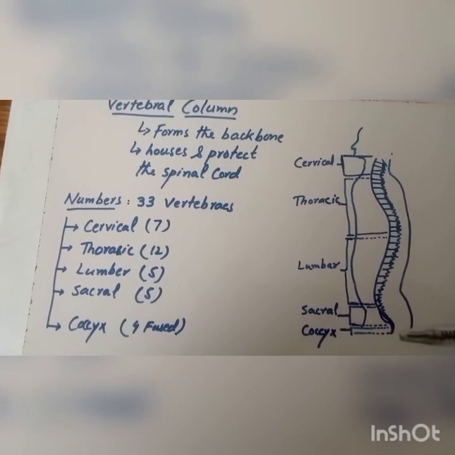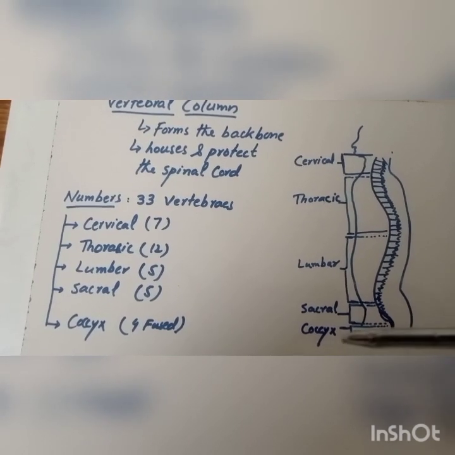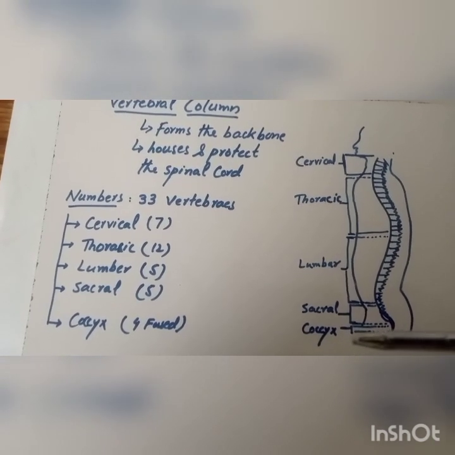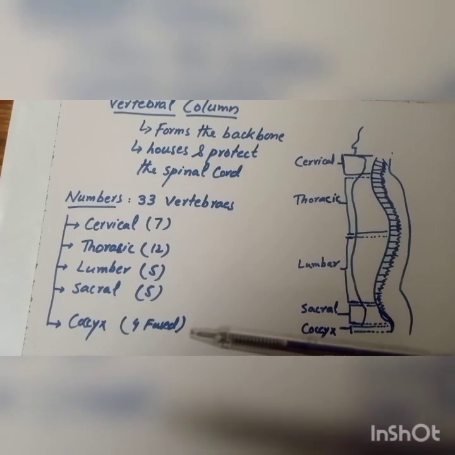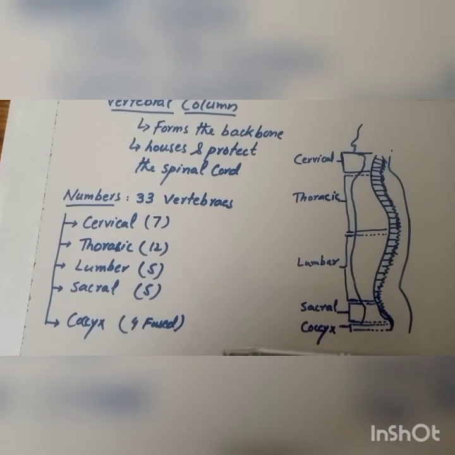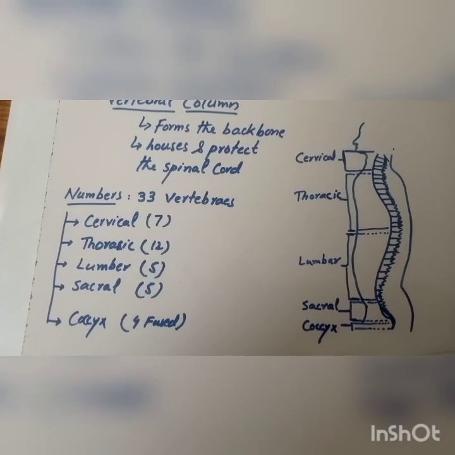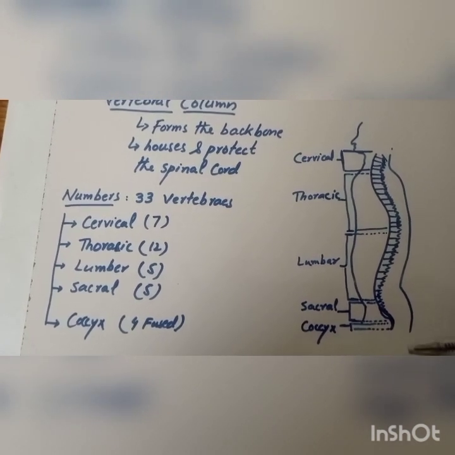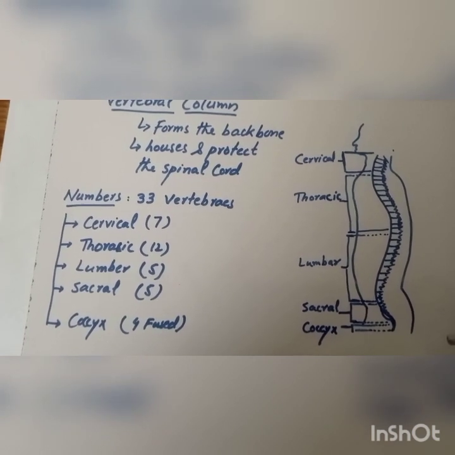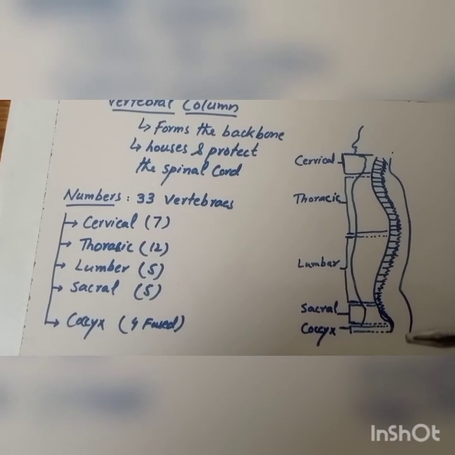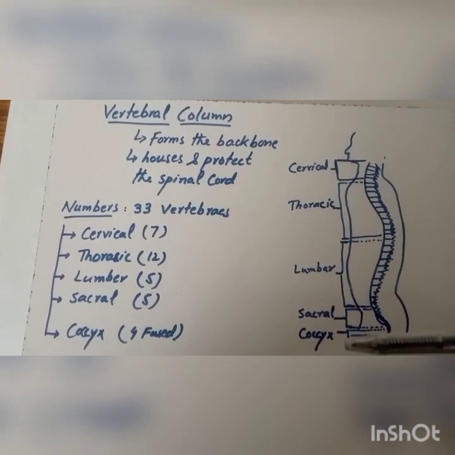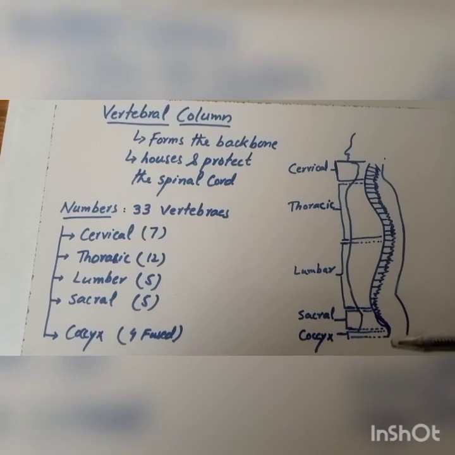At the end of the vertebral column is the coccyx or tailbone, which consists of four small fused vertebrae, and the coccyx is a vestige of a tail, while in other vertebrates it forms the tail.